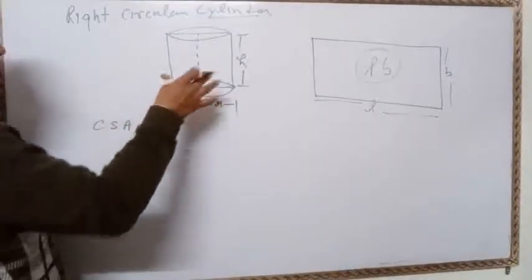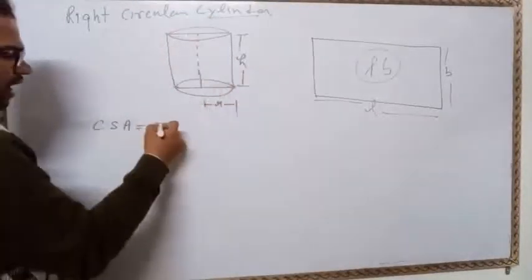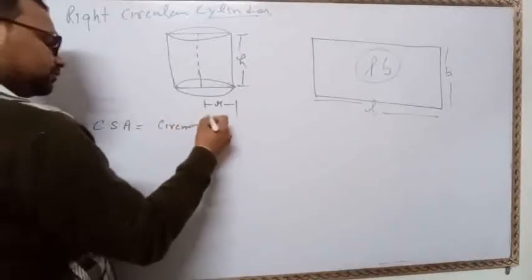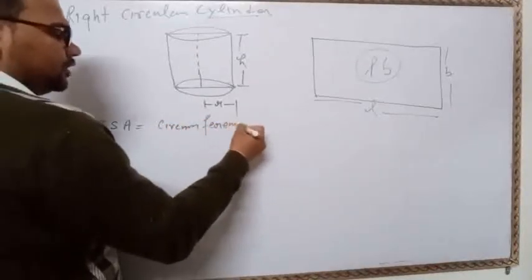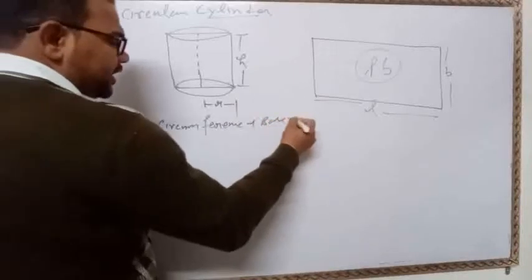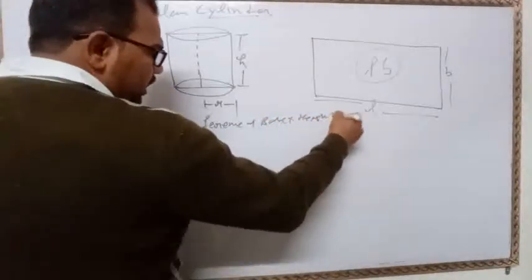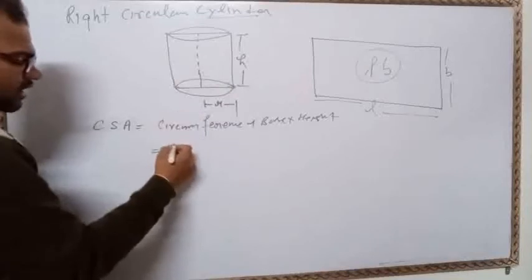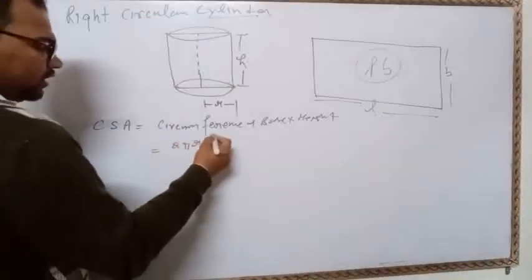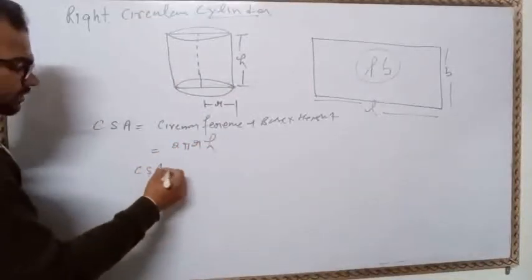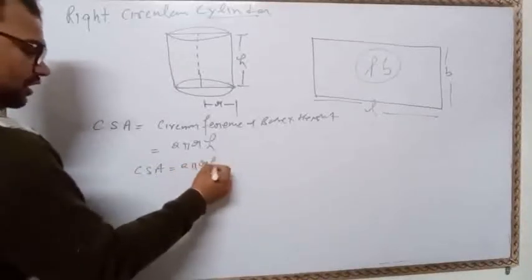Same formula: circumference of base into height. Everybody knows the circumference of a circle is 2 pi r, and height is h. So CSA is 2 pi r h.